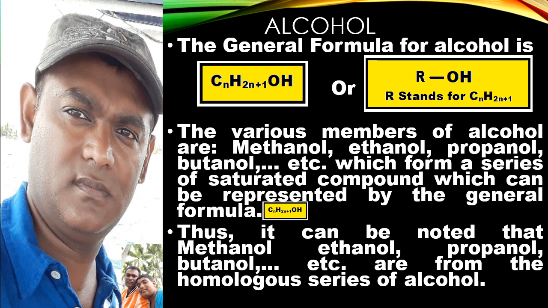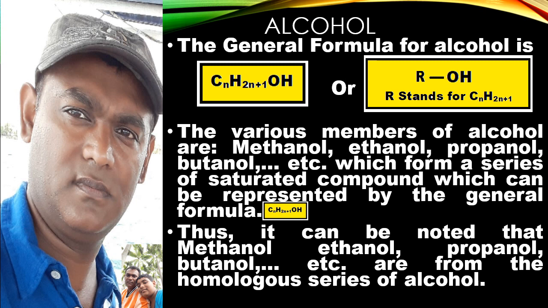The general formula for alcohol is CnH2n+1OH, or it is also represented as ROH, where R stands for CnH2n+1. This is the alkyl group.